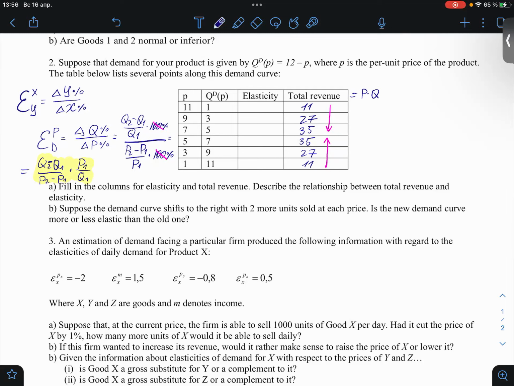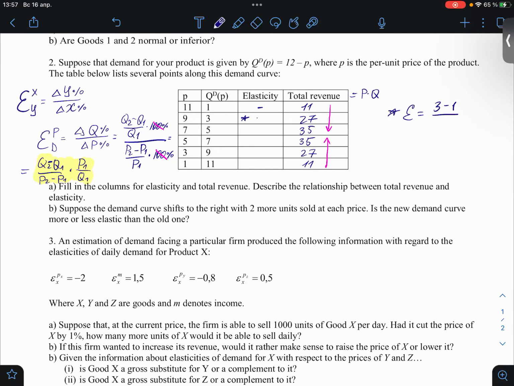We cannot count elasticity in the first point because we do not know the previous price and previous quantity demanded. So we do not know Q1 and price 1. But in the second row, we can count. So elasticity will be Q2, new quantity demanded 3, before it was 1, over the change in price.